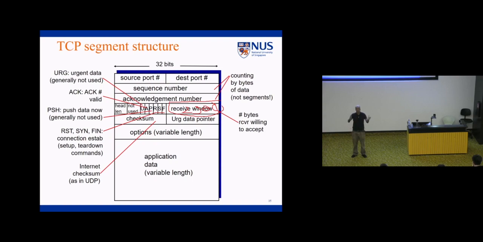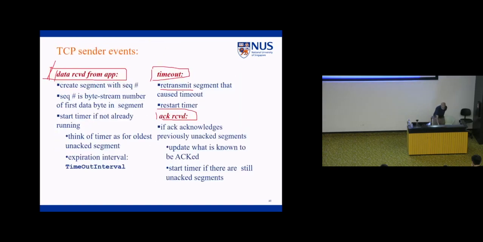Even though the pipeline, the N in the pipeline, may allow you to send maybe 20,000 bytes, don't send more than 2,000 because the receiver cannot handle it. Okay? All right. So flow control was fairly straightforward.